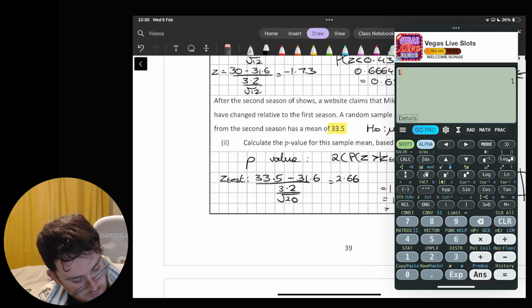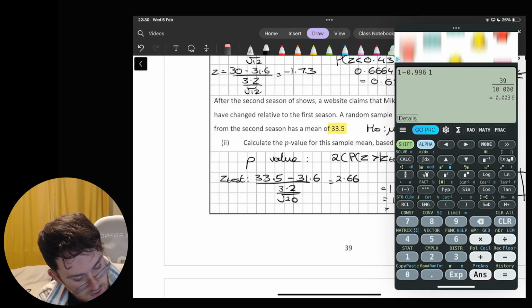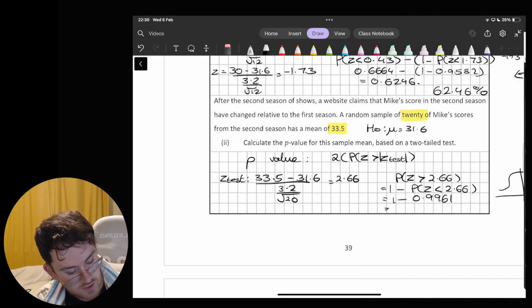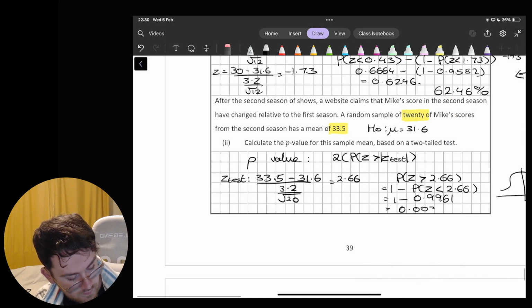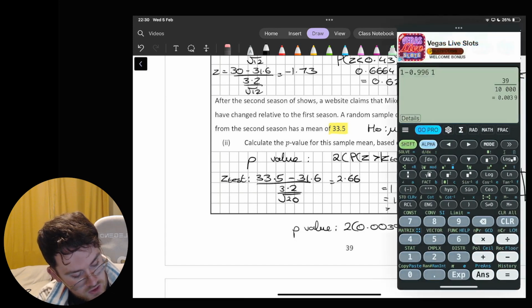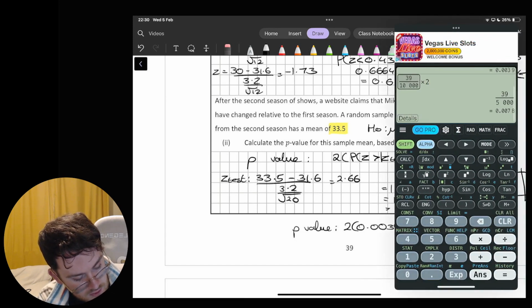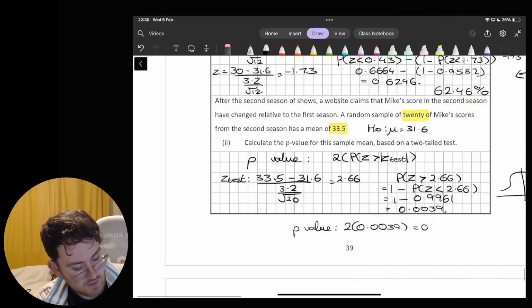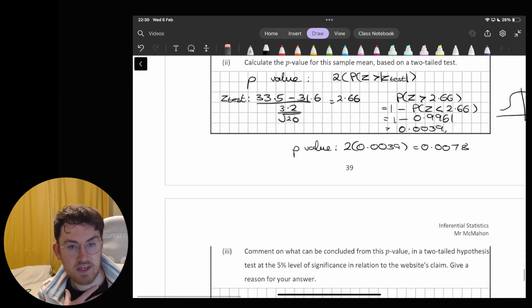So 1 minus 0.9961 is 0.0039. So my p-value is 2 times 0.0039, which is 0.0078. Okay, so that's my p-value.